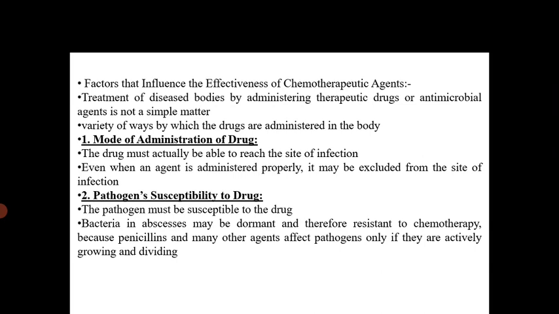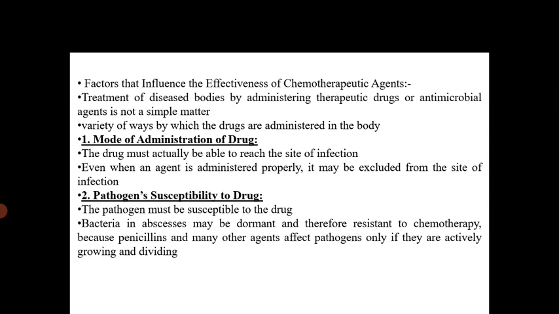Next, factors that influence the effectiveness of chemotherapeutic agents. Now, treatment of diseased bodies by administering therapeutic drugs or antimicrobial agents is not that simple. Now, we also know that there are a variety of ways by which drugs are administered in the body.